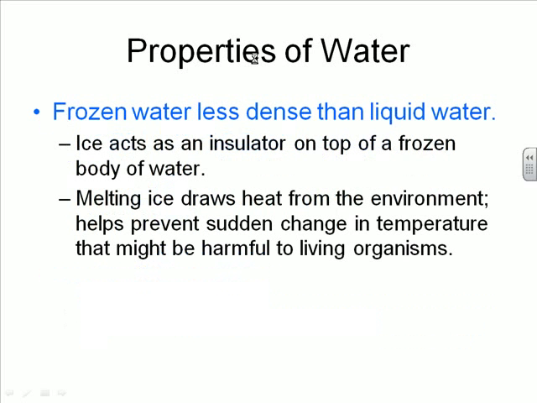We also see that the last property of water, if it is frozen, it is less dense than when it is in a liquid state. Because as it freezes and changes from a liquid to a solid, it changes and increases its size. Therefore, if the volume increases, it becomes less dense.